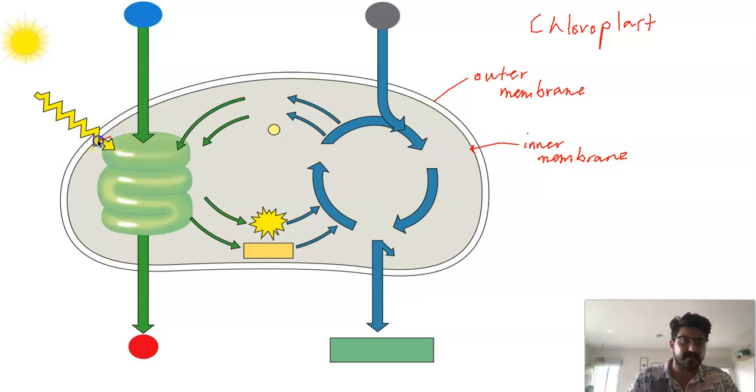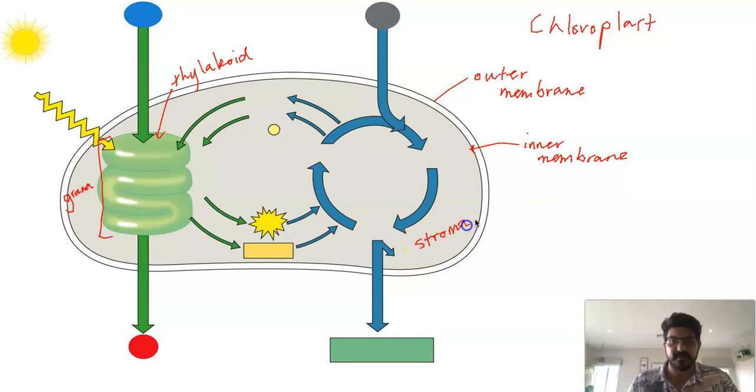So the stack. Grana, and an individual disc where everything is taking place is going to be our thylakoid. This reaction over here is happening in the stroma. Okay. That's it. That's the important labels for the chloroplast.